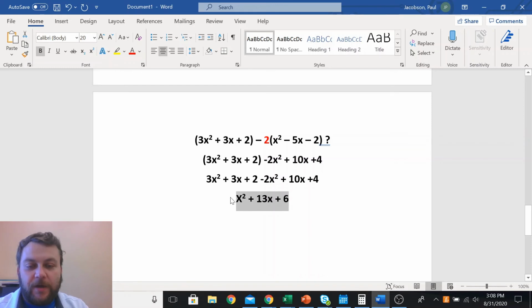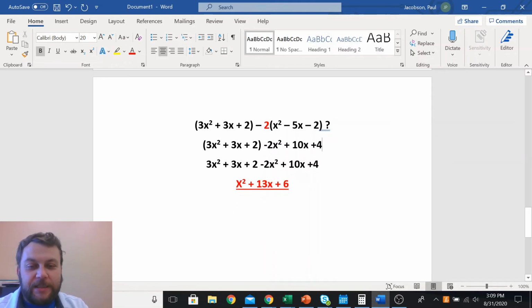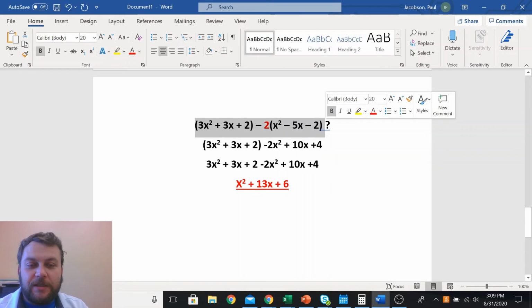So this right here, I will underline this and I will make it red. That has the same meaning as this beginning expression. Okay, so this right here, x squared plus 13x plus 6, it just means the same thing.